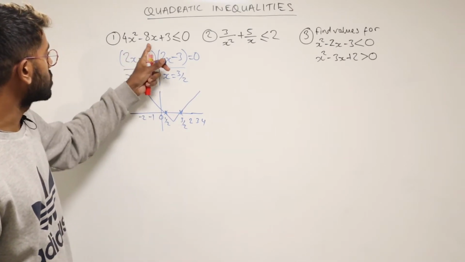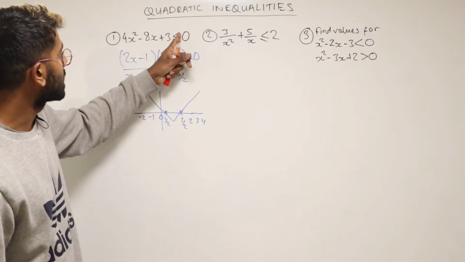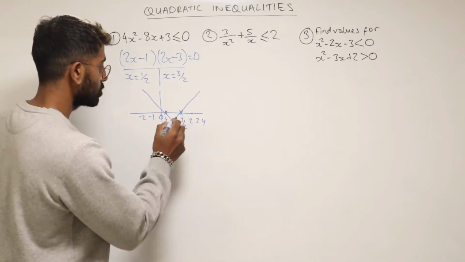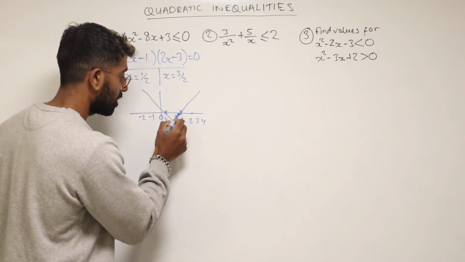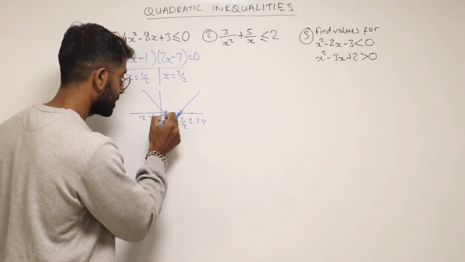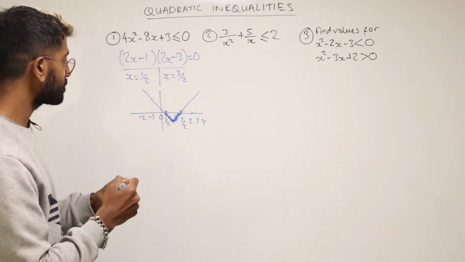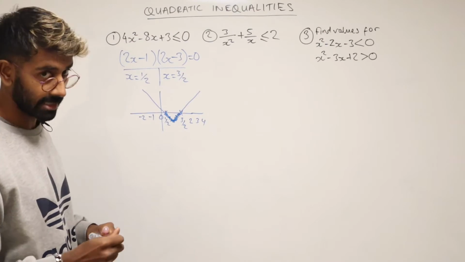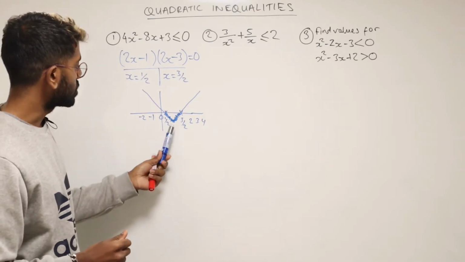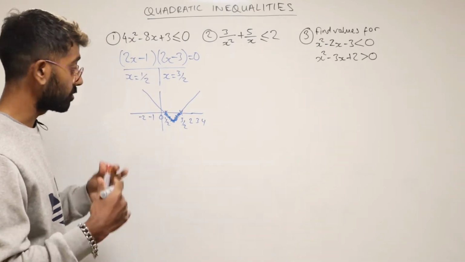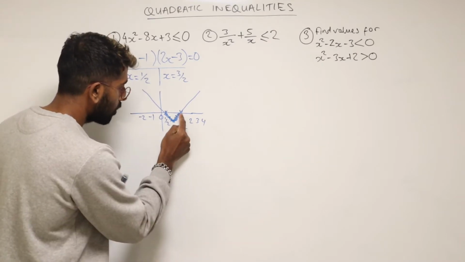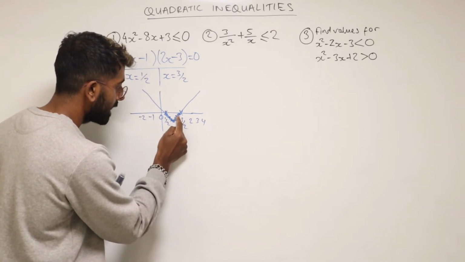Now what we needed to do is find where this graph is less than or equal to 0. So the region that we're interested in, or the part of the line that we're interested in, is this here. So we want this part of the curve because that's underneath the x-axis. So to describe this region here, what we can do is say this. As you go off this way, what's happening to the x values?